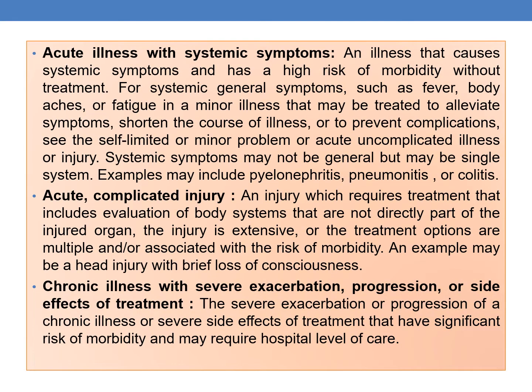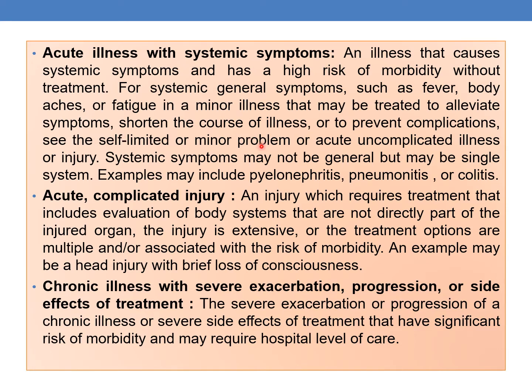Next is acute illness with systemic symptoms. An illness that causes systemic symptoms and has a high risk of morbidity without treatment. For systemic, general symptoms include fever, body aches, or fatigue in minor illnesses that may be treated to alleviate symptoms, shorten the course of illness, or to prevent complications.